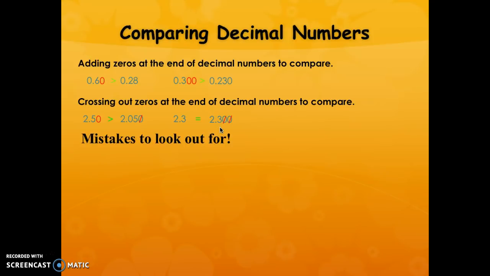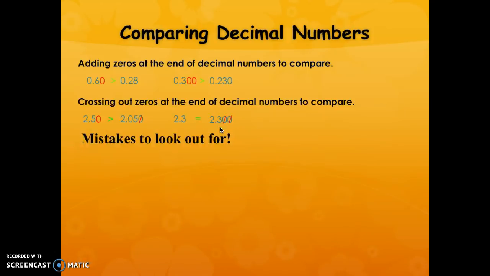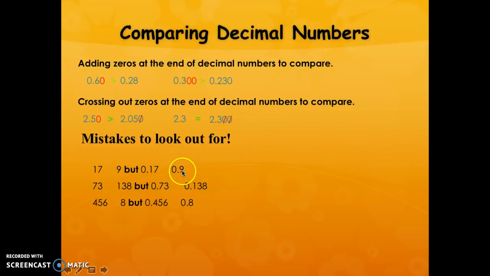Now, mistakes to look out for, and I kind of warned you about this just a second ago. Danger, Will Robinson, danger. Okay, danger, stay away. Look up. When we're talking about whole numbers, 17 is more than 9, but when you get on the decimal side, 17 hundredths is not more than 9/10. Okay, we add a 0.